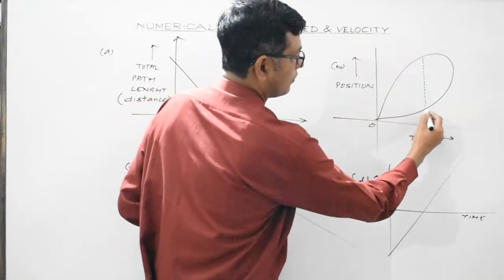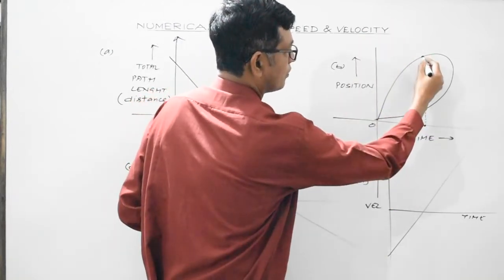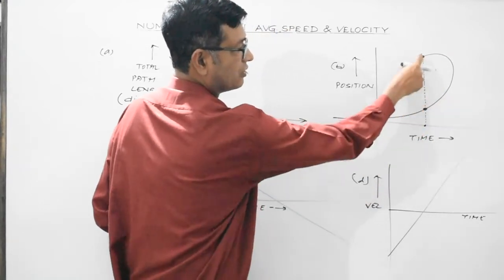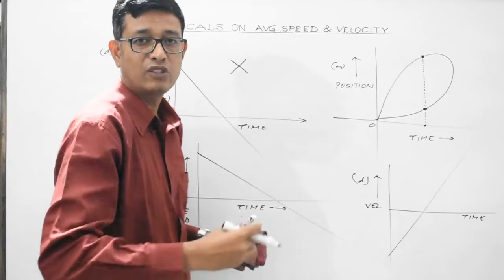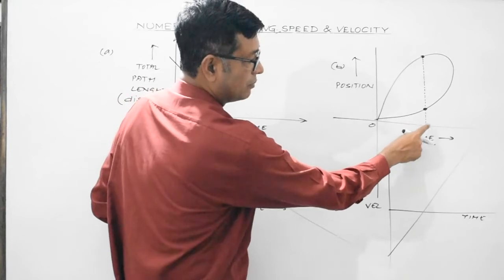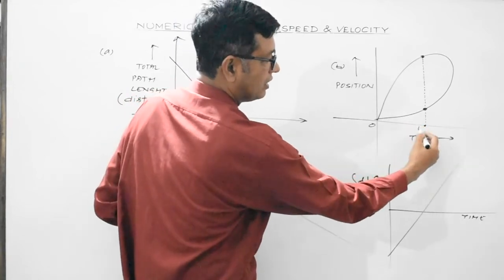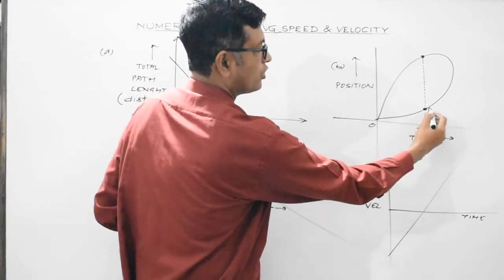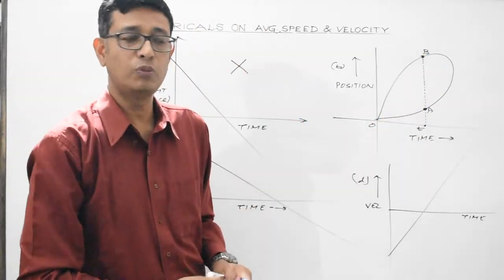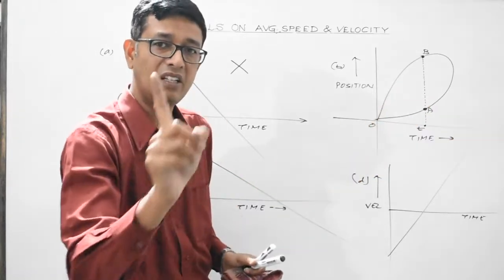Now look. At a given time, the body is at two different positions. Just try to understand the graph, right? At the same time, at instant t, the body is at this position also and at this position also. Is it possible for a body to be at two different positions at the same instant of time?